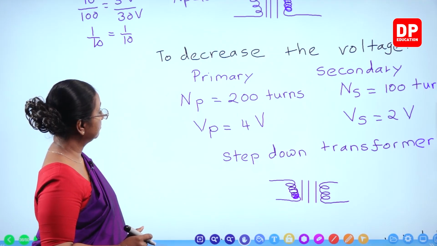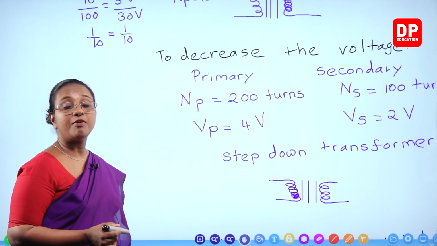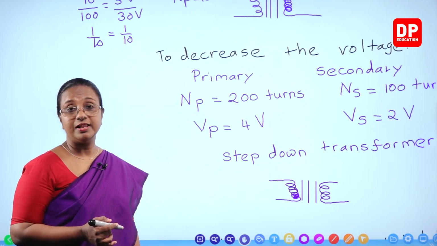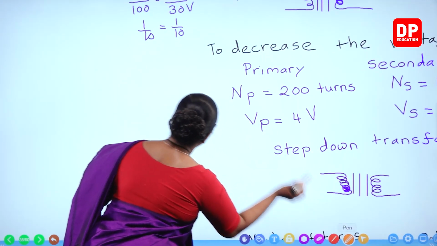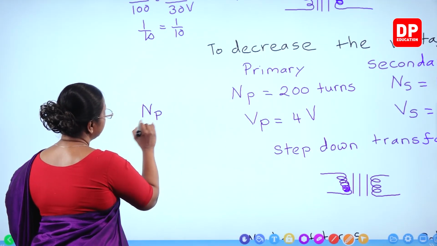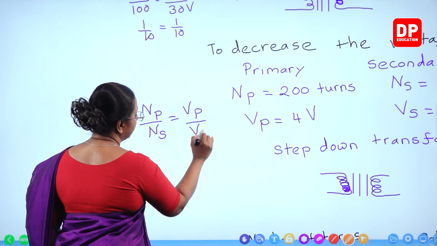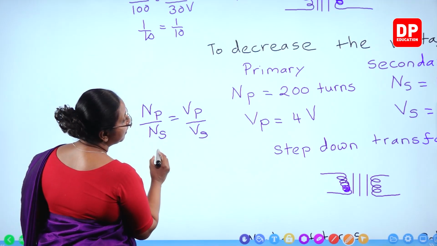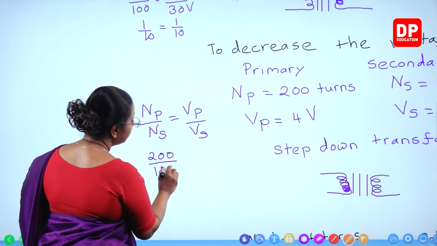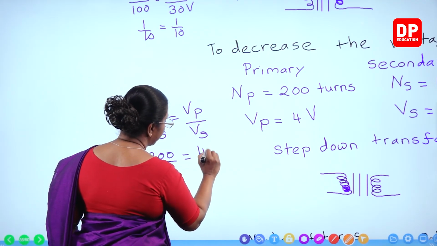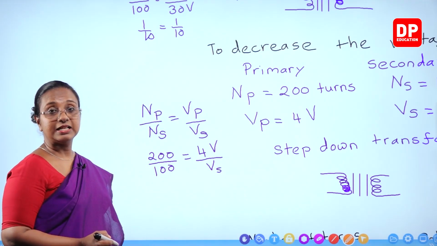The same thing, if we apply to the step-down transformer. Here, let's say we don't know the voltage that would be obtained from the secondary coil. Then what do we do? We use the equation N primary over N secondary equals V primary over V secondary. N primary 200 turns, secondary 100 turns. Voltage supplied is 4 volts. We don't know the voltage in the secondary coil.